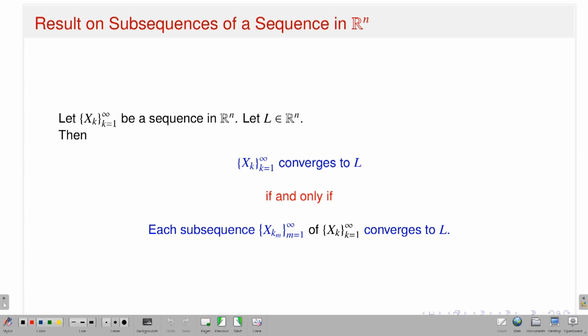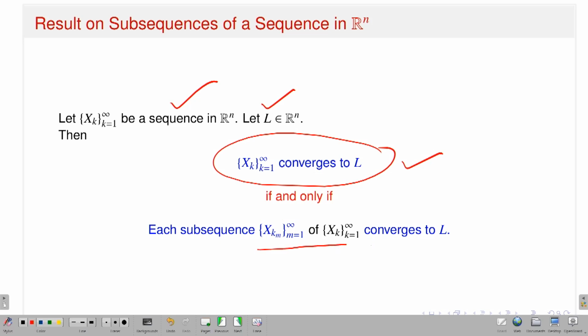What is the result? It says that if I have a sequence xk in Rn, and L is an element of Rn, then the sequence Xk converges to L if and only if each subsequence of capital Xk converges to L. A similar theorem is true for real numbers: a sequence of real numbers converges if and only if all its subsequences converge, which you are familiar with.